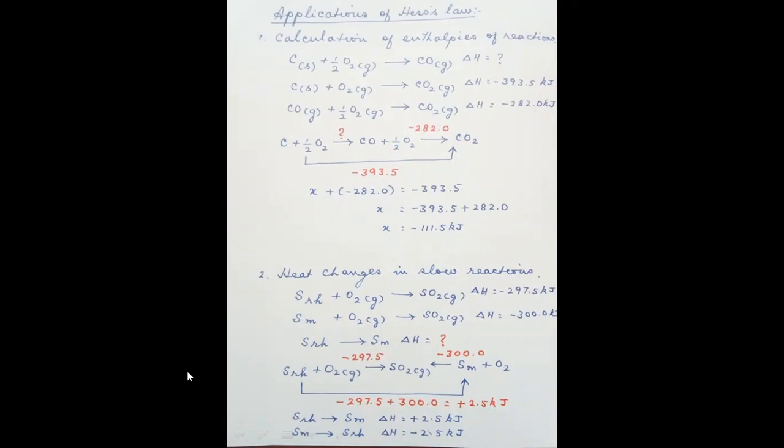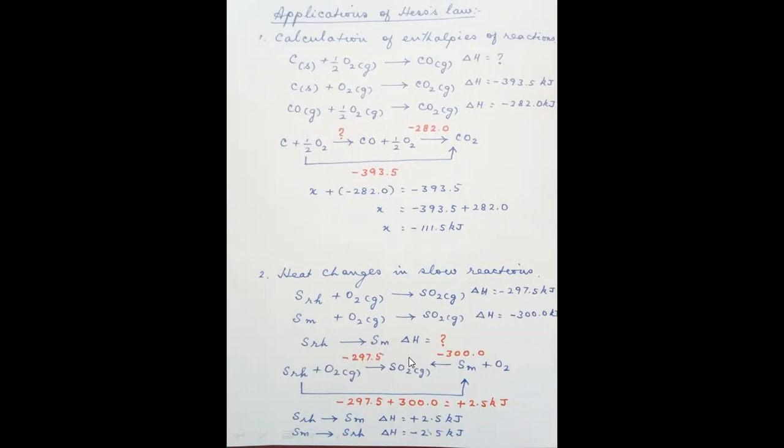Look here, when I burn sulfur rhombic in oxygen to form sulfur dioxide, the enthalpy change is minus 297.5 kilojoule. When I burn sulfur monoclinic in oxygen to form sulfur dioxide, the enthalpy change is minus 300.0 kilojoule. I have to calculate the enthalpy change accompanying the conversion of sulfur rhombic to sulfur monoclinic. Now I can write this reaction like this: sulfur rhombic plus oxygen to form sulfur dioxide, which is minus 297.5.